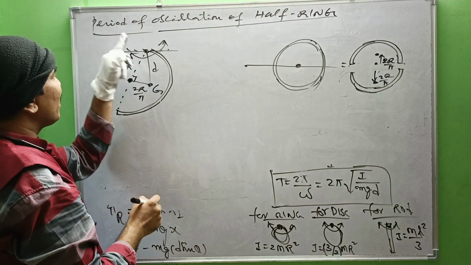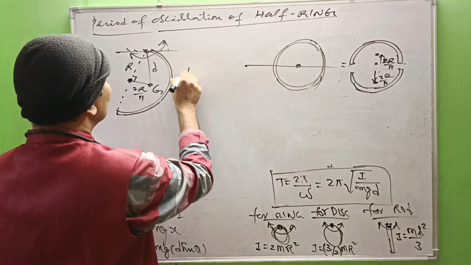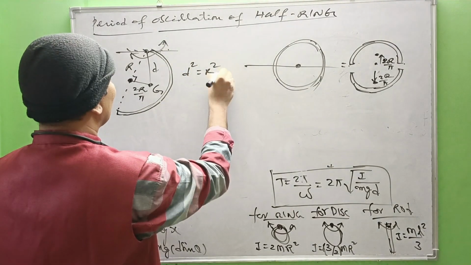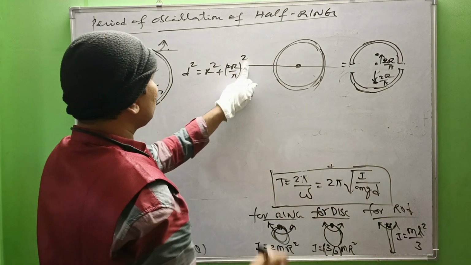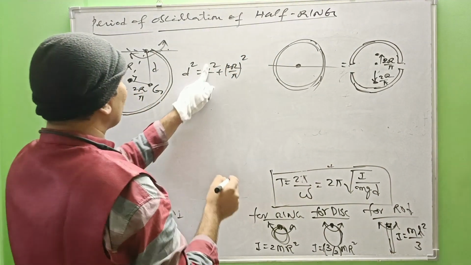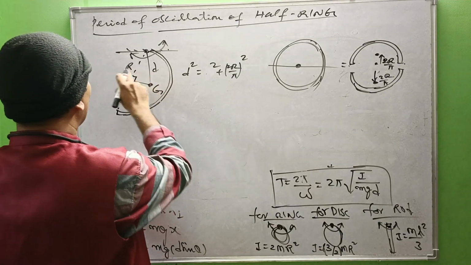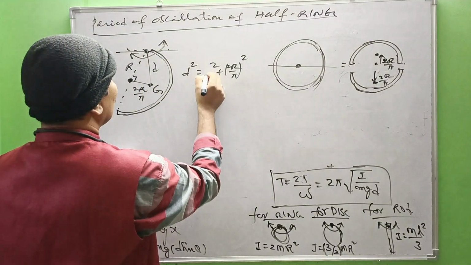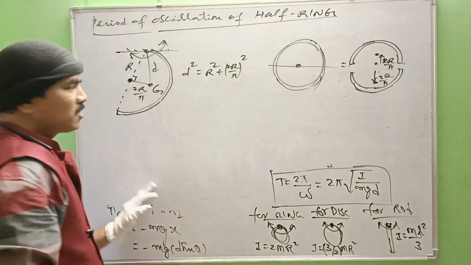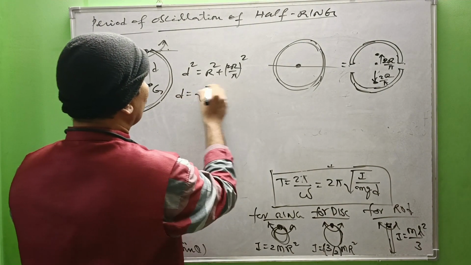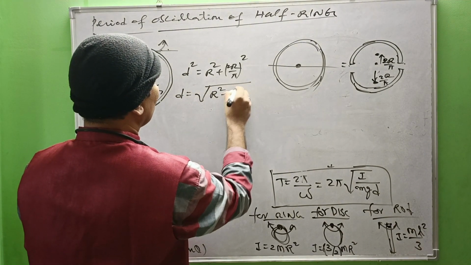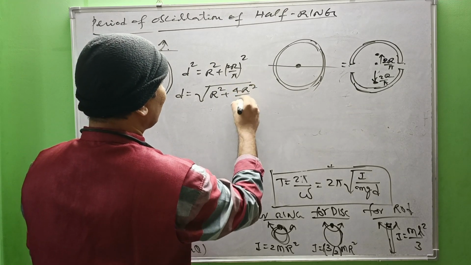From this right angle triangle, we can write d square equal to r square plus (2r by pi) whole square. From Pythagoras principle, d equal to root over r square plus 4r square by pi square.